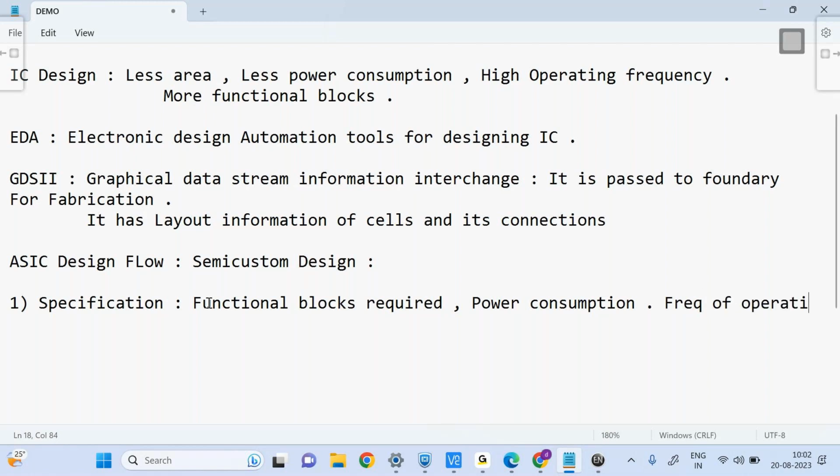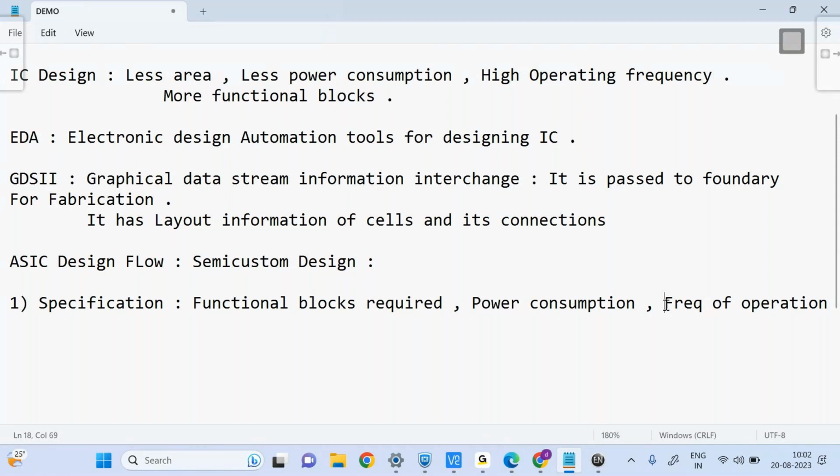It is not like they will decide at one stretch. It is like a discussion. You are expecting this, right? We can design this IC with this frequency of operation. Whether you're okay with that?